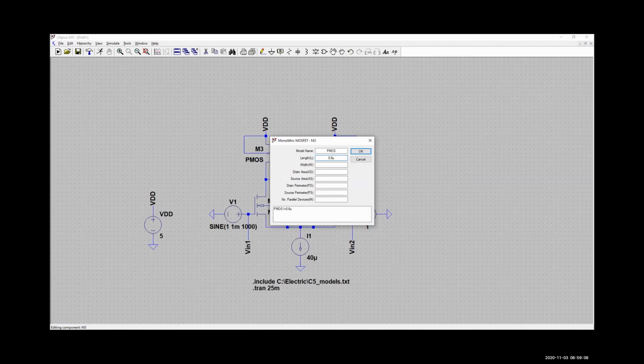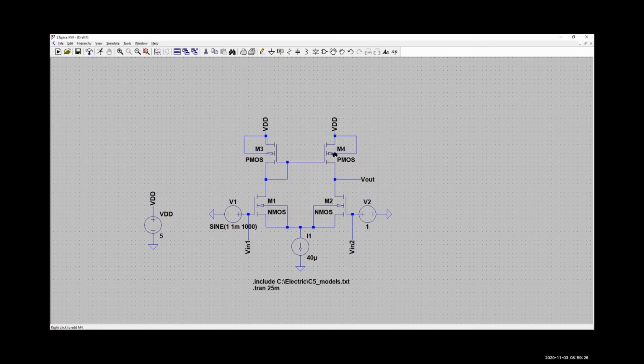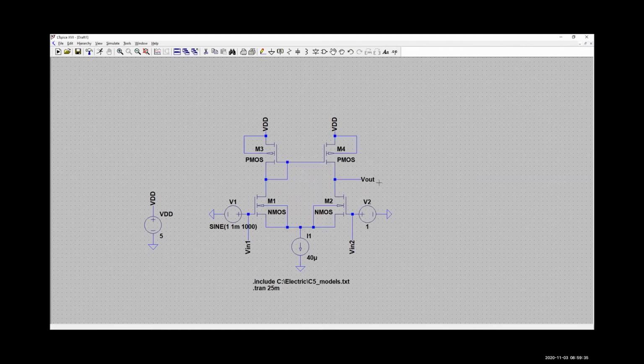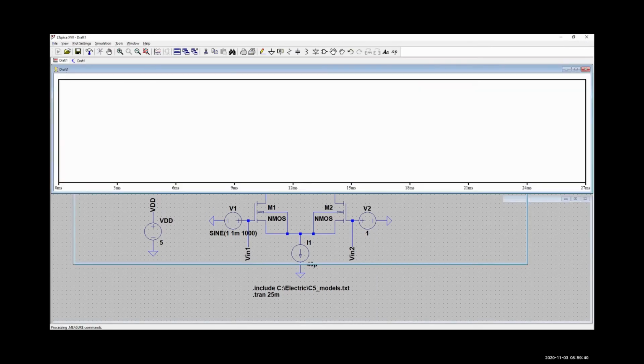I think we've been using 30 by 2 PMOS transistors, so 30 times 0.3 microns would be 9 microns. Okay, and let's hope this works.